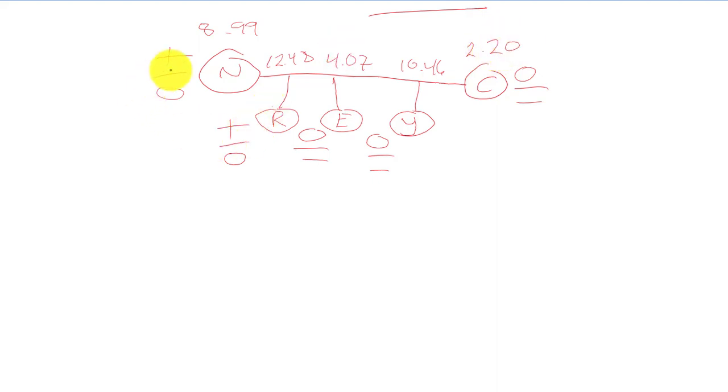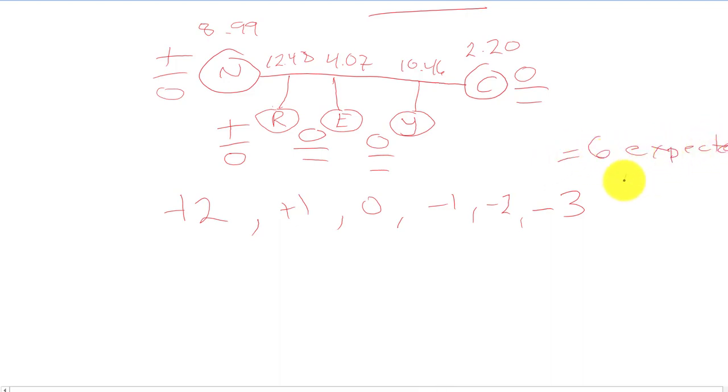So our charge states we could observe would be all the top states, all the protonated states, plus 1, plus 2, all the way to minus 3. Going through 0, our charge states would be these ones. And so we would observe 6 expected macroscopic states.